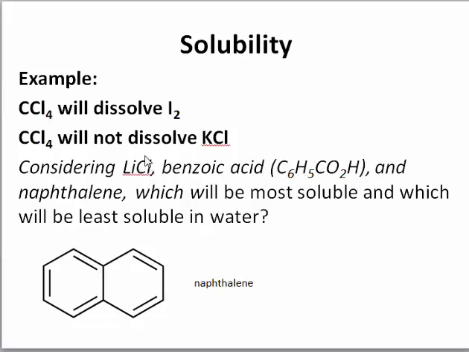The answer is that the ionic compound is expected to be most soluble. Benzoic acid, which may experience polar bonds in the form of hydrogen bonding, will be the next most soluble. And naphthalene, which is a nonpolar species, might not be expected to dissolve in polar water molecules at all.